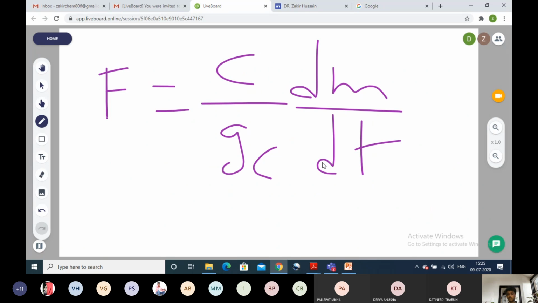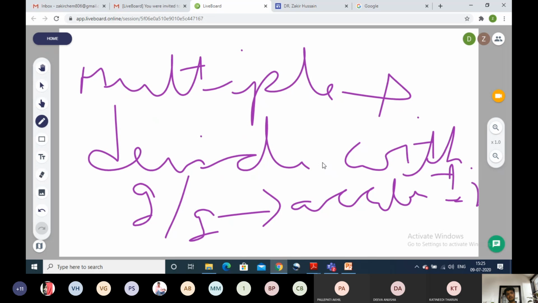So now we can write F is equal to, in place of u2 minus u1, where u1 is already 0, in place of u2 we write c by gc, times dm by dt. Then we multiply this equation by g by g, acceleration due to gravity.